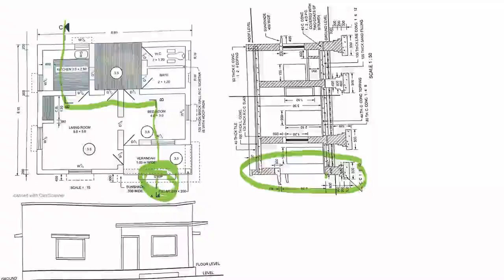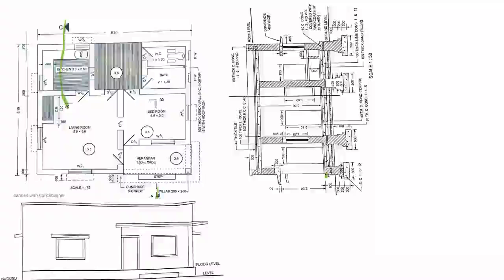Now this door is shown here. This door is of width 1.2 meter. Okay, that is the main door entering the living area. So our section is cutting like this. So this part is shown here.